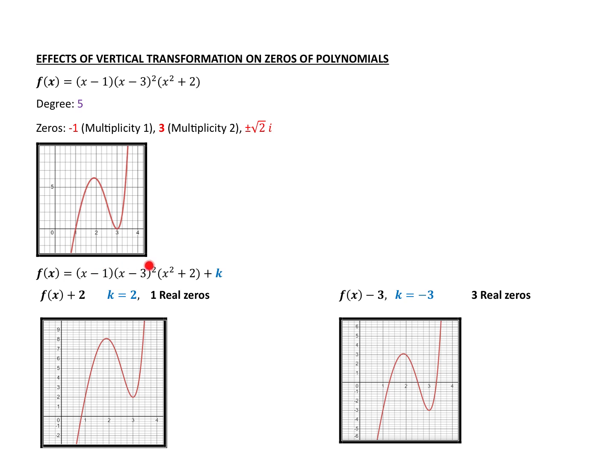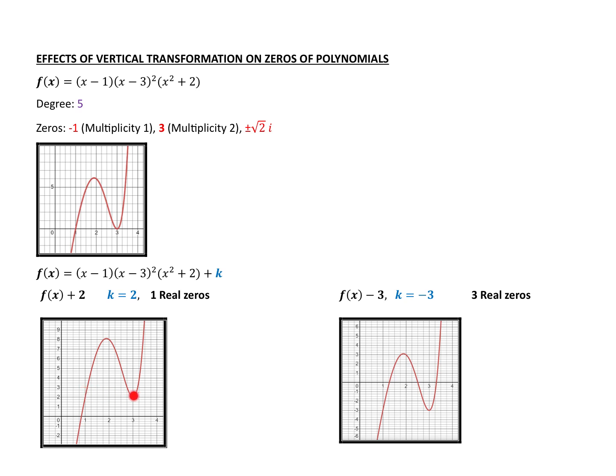What would happen if I shifted the graph using the value k, where k is an integer? That means I can move it up or down. If I shifted this same graph up 2 steps, see what happens. The 3 was a 0. I shifted it up, and now it's kind of floating.